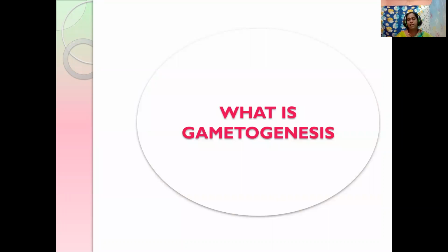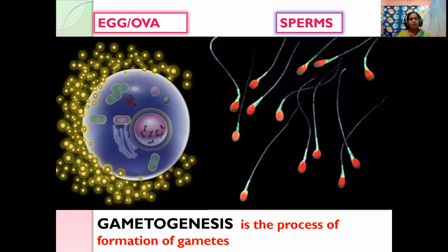What is gametogenesis? Gametogenesis plays a crucial role in the continuation of generations. I'm speaking about sexual reproduction, that is the involvement of two parents, the egg from the female gamete and sperm from the male gamete.